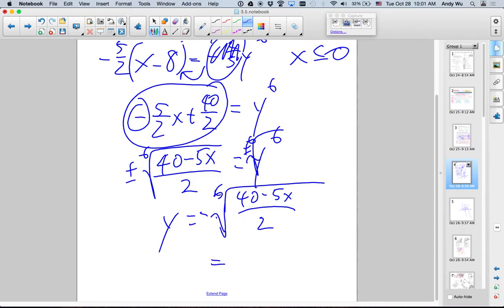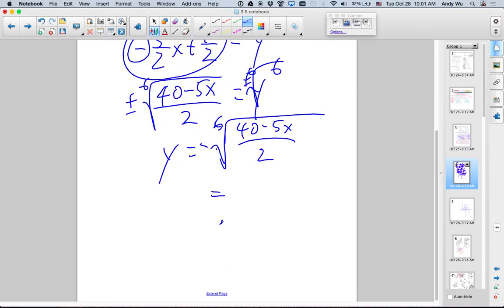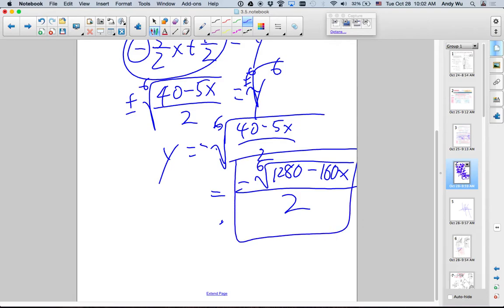And the proper answer is going to multiply by 32, minus the 6th root. This is a proper answer.